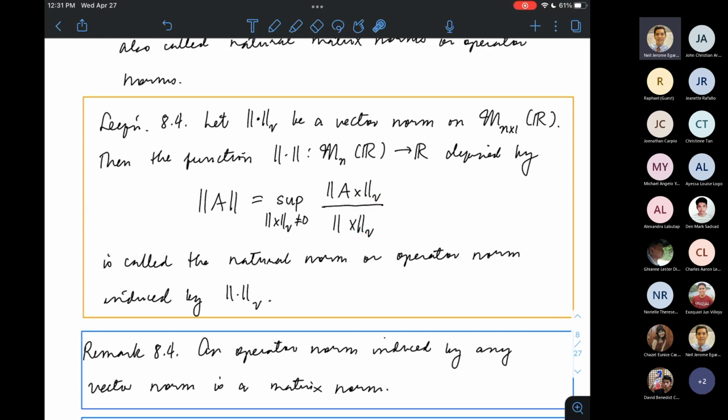Tapos kung ano yung least upper bound ng mga ratios na to, yun yung i-assign natin to the measure of A. And by remark 8.4, we are guaranteed that an operator norm induced by any vector norm ay laging matrix norm. So lahat ng norms, lahat ng functions na i-define mo this way ay mga matrix norms.